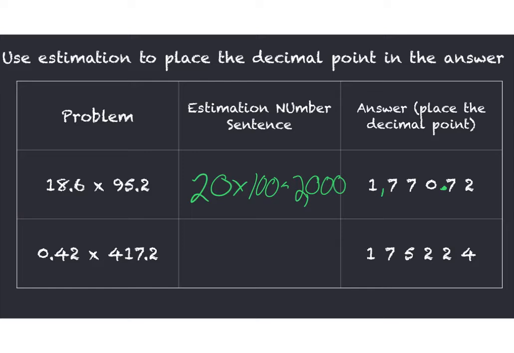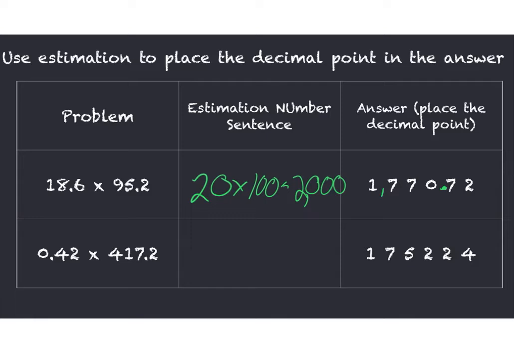Let's look at the next one here. 42 hundredths times 417 and 2/10. So if I look at this one here, 42 hundredths, I could think about estimating or rounding that up to 1, but I don't know if that would help me much here. Or I could round it down to 0, but that wouldn't help me much.